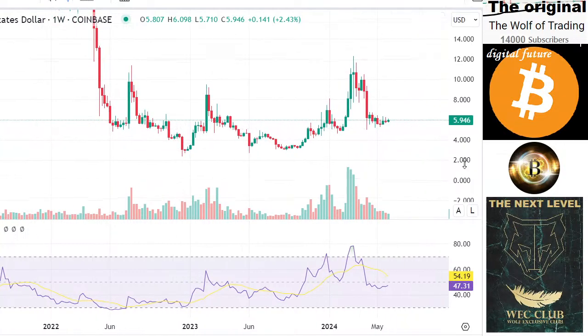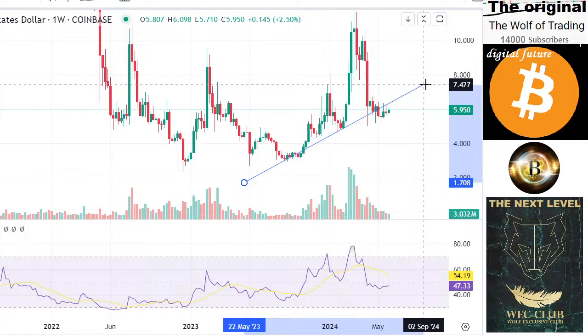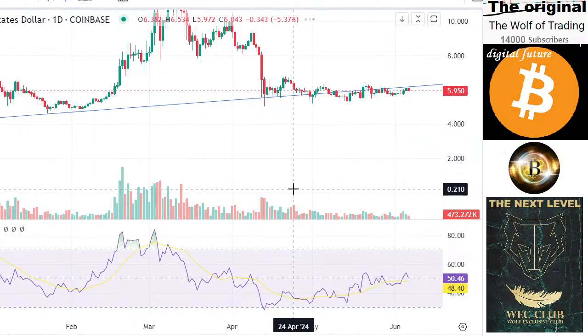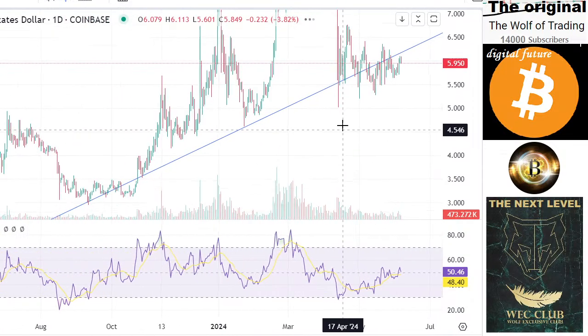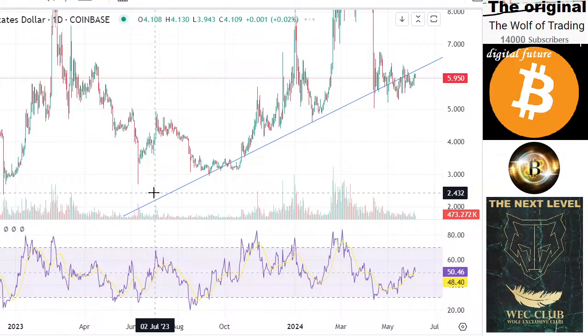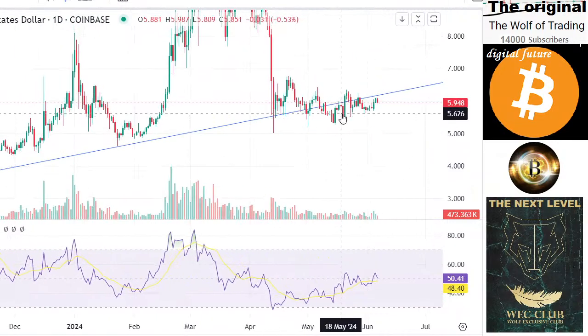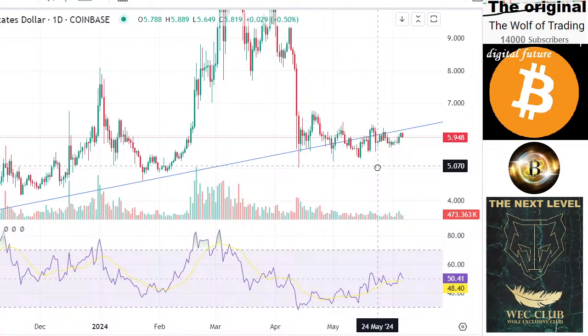If you look at this, we have here our uptrend, and if you look here more exactly, you can see what kind of information you see here. This is our uptrend, and we test our uptrend and negative, highly negative.